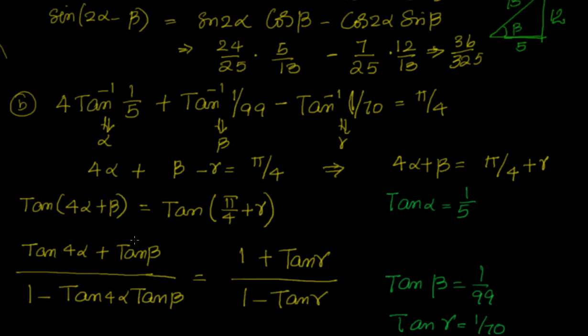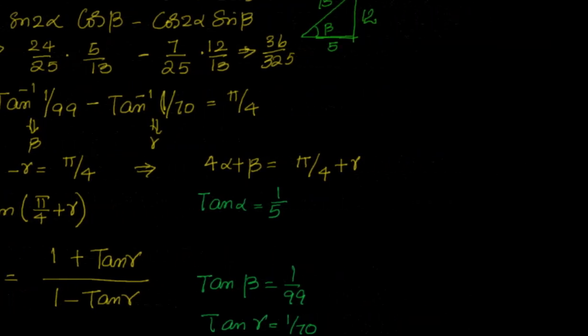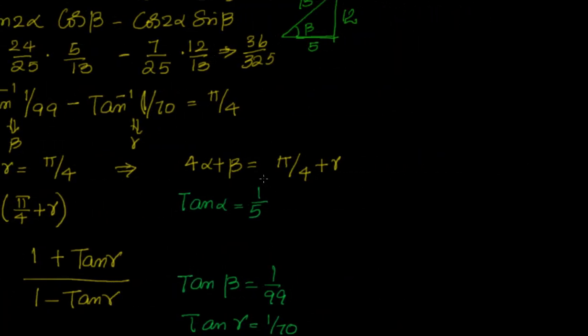Now the only problem is I have tan alpha, I have to find out tan 4 alpha. So we'll spend some time on that. We'll do that calculation. After that we can substitute the values, we should be able to get it. Now I know tan alpha, how to get tan 4 alpha. That is where we'll fix this. Okay, right. So this is where we are starting. Let me just separate that.